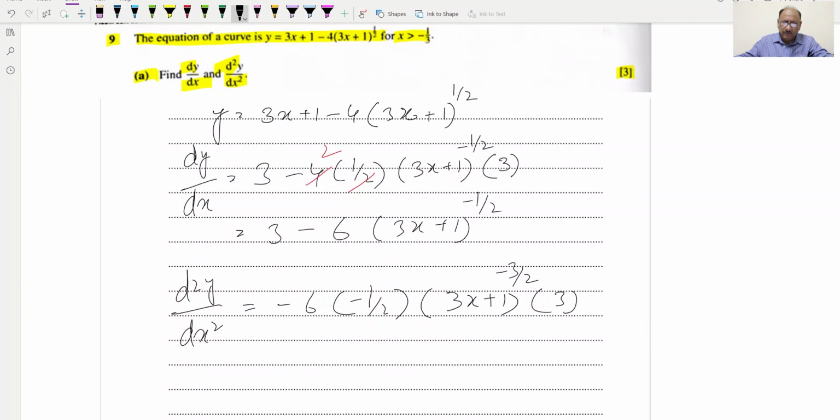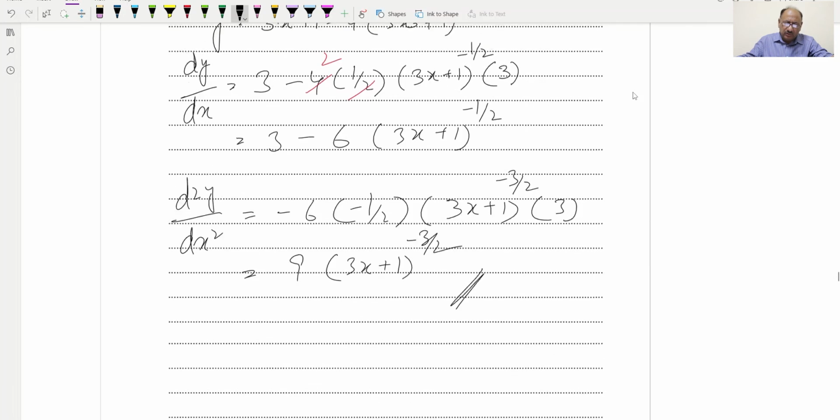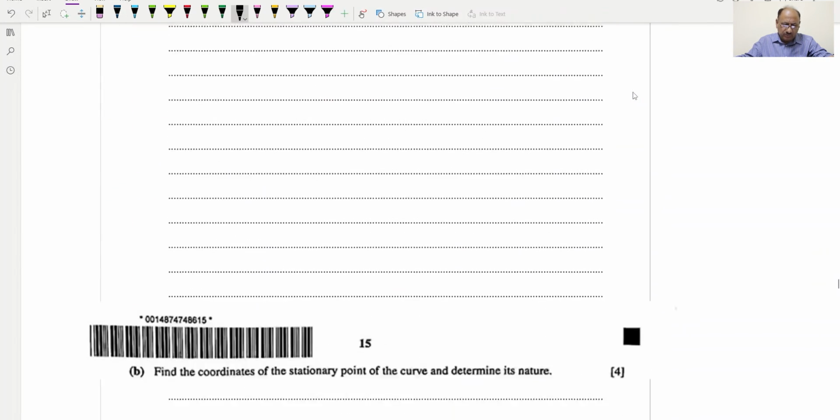We can rewrite it, simplifying to 3 into 3 which is 9. So we can write 9 into 3x plus 1 raised to the power minus 3 by 2. So this will be the second order derivative also. Both derivatives we are done. This is a 3 marks question which we have done.